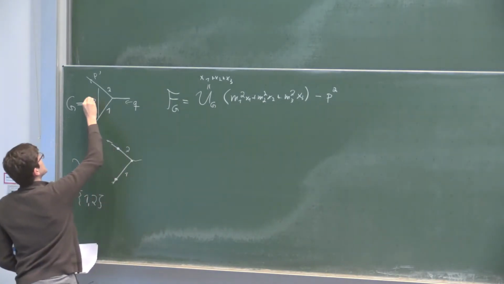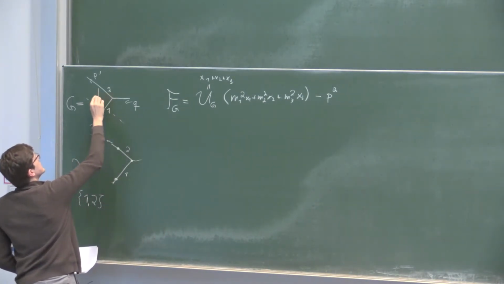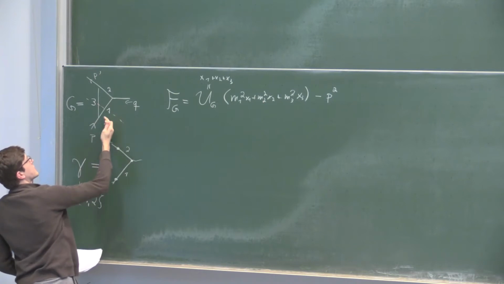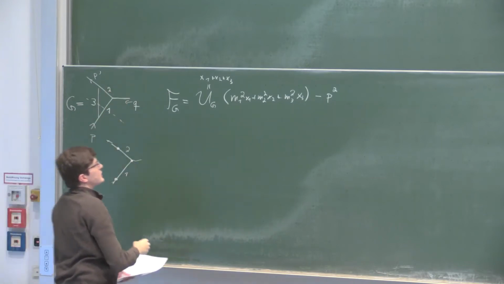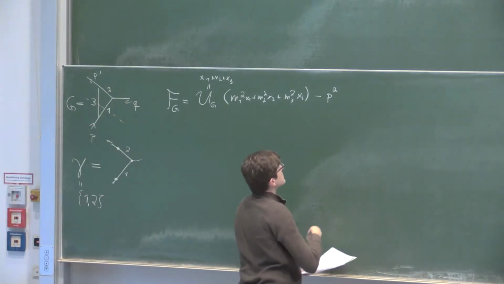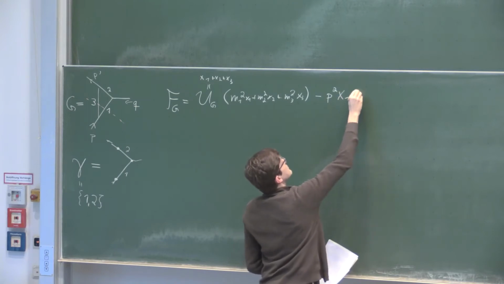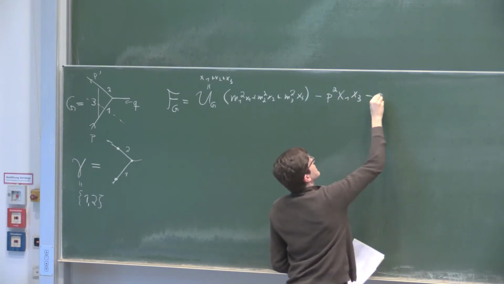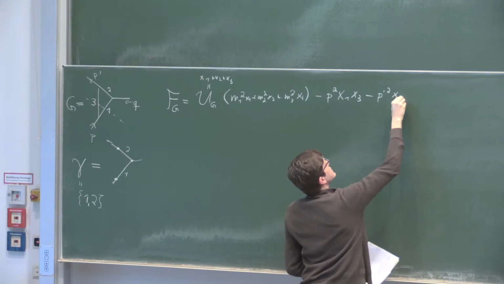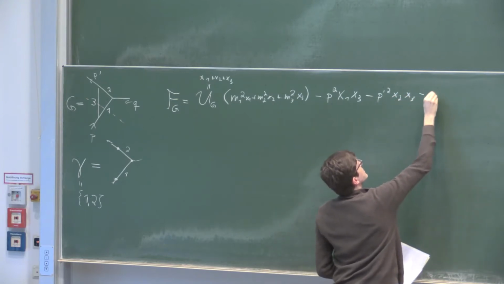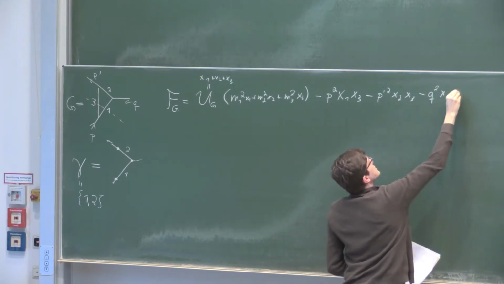So for example, we can delete these two edges, 1 and 3, and then we separate into two trees, and we have the momentum p running from this part into this part. So this cut gives me this contribution p squared x1 x3. And similarly, we get a p prime squared x2 x3. And then there is a q squared x1 x2.